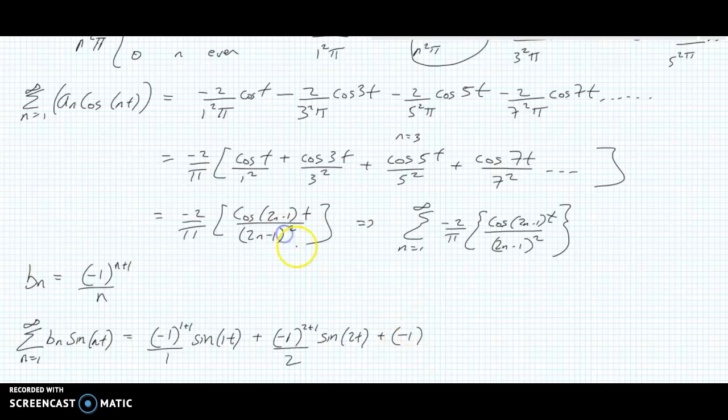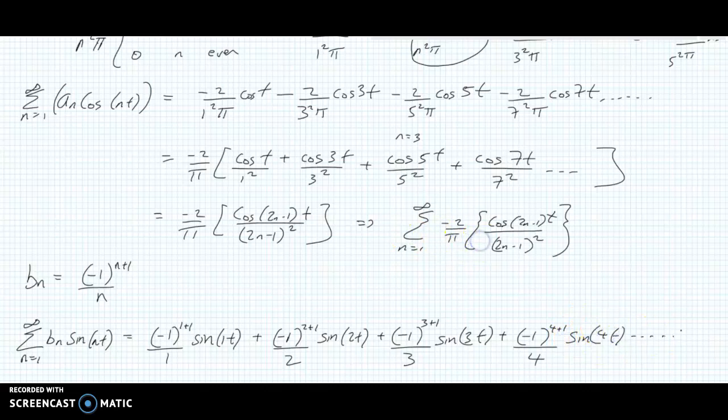Then the next one, as n is 3, you have 3 plus 1 up here, and then you have the 3 down there as n, sin 3t, and so on. Next one, n is 4, so we have 4 plus 1, sin 4t, and that goes on.